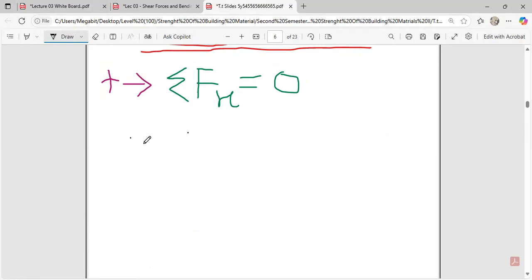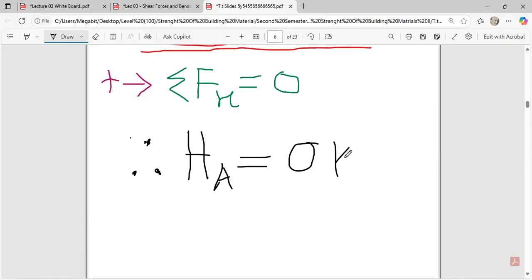So therefore, we are saying all horizontal forces, sum of all forces about x is equal to 0, which means that our HA, our horizontal force at A, is equal to what? 7 kilonewton. We are done. What do we do next?